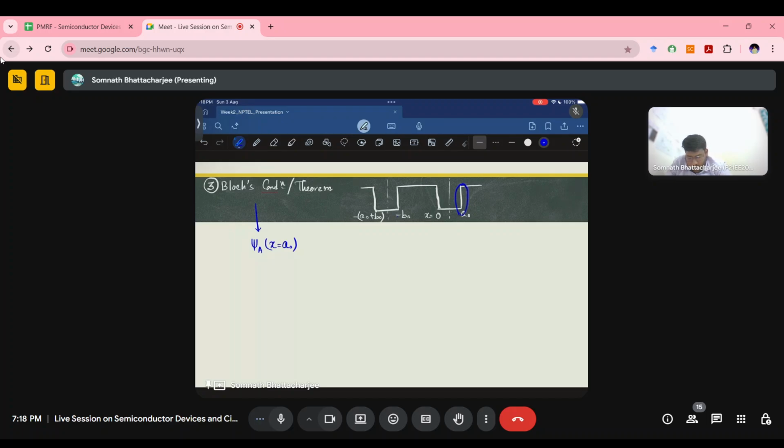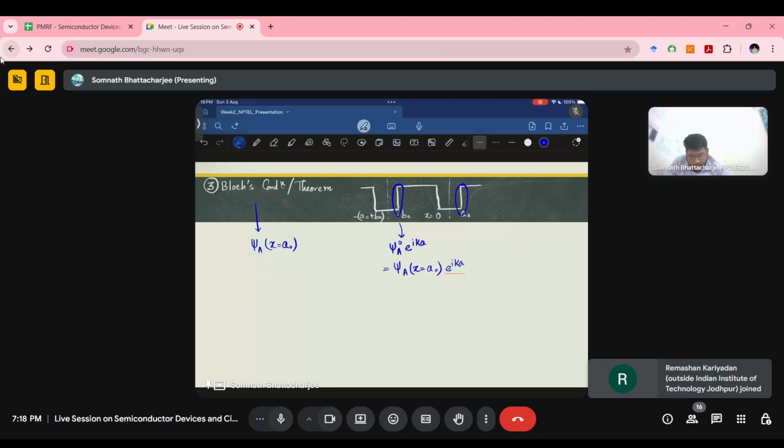This should be equivalent to the amplitude of this line. So this one would be psi A, and for this case it should be psi A naught e to the power i k a, where a is the lattice constant. So we can write psi A at x equals a naught, or we can write psi B at x equals minus b naught.